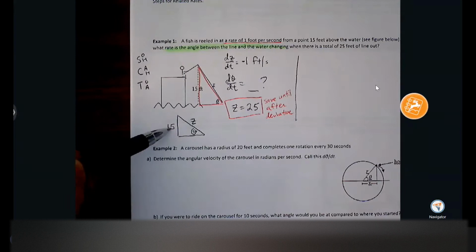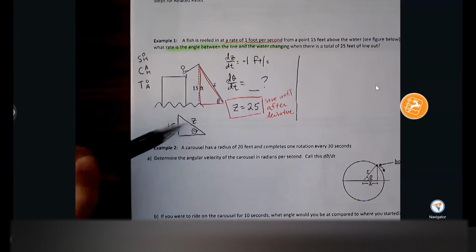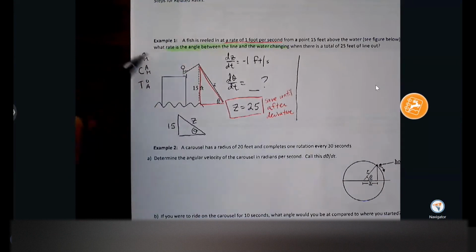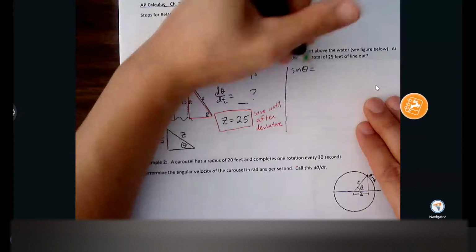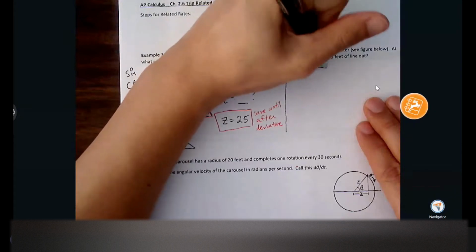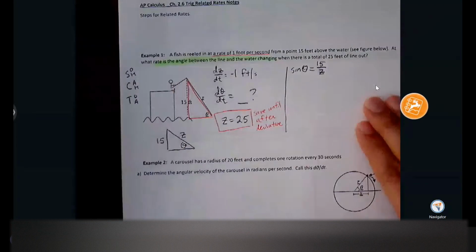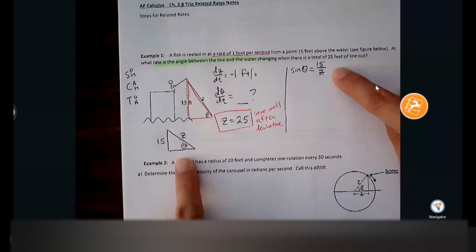In this case, opposite is given to us, hypotenuse is given to us. So we're forced into the sine equation. All right, are we good so far?